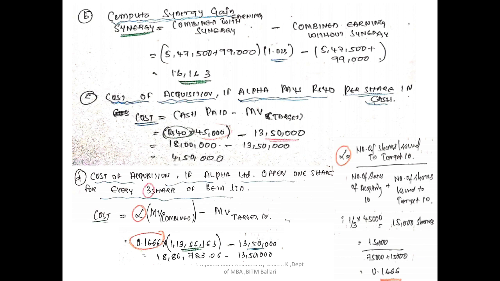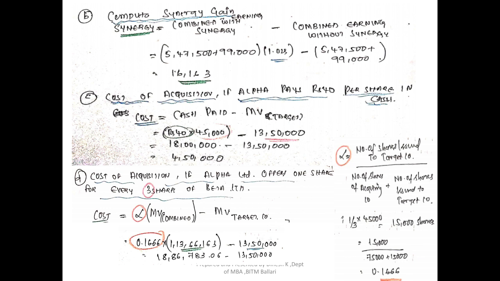If it is cash, the formula is cost equals cash paid minus market value of the target firm. But when it is an exchange ratio, the formula is cost of merger equals alpha times market value of the combined firm, minus market value of the target firm.